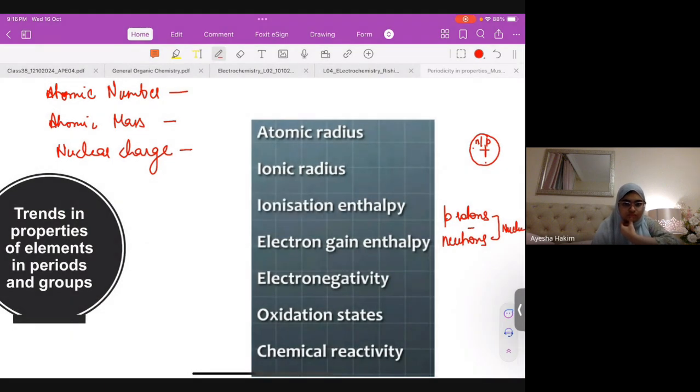The summation of protons and neutrons is equal to atomic mass. Your atomic mass is represented by A, and this is equal to neutrons plus protons. And the combination of protons and neutrons is actually called the nuclear charge.